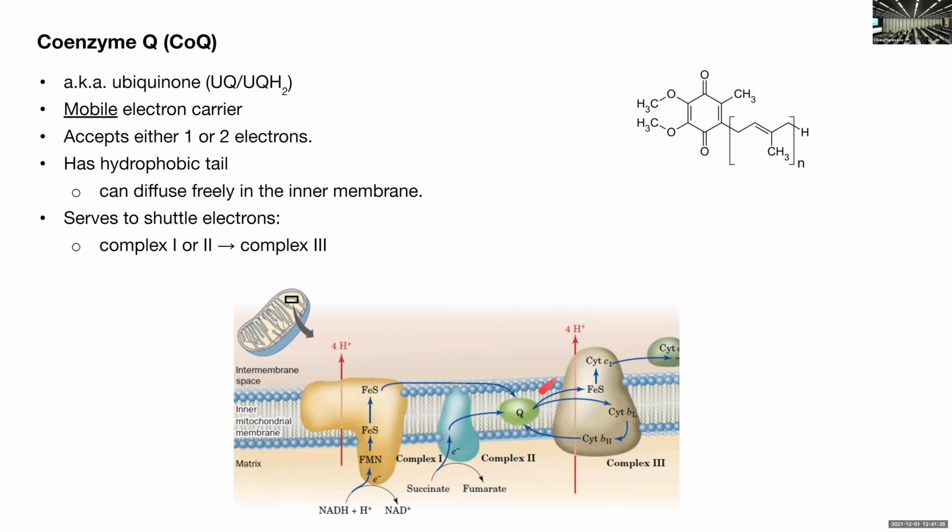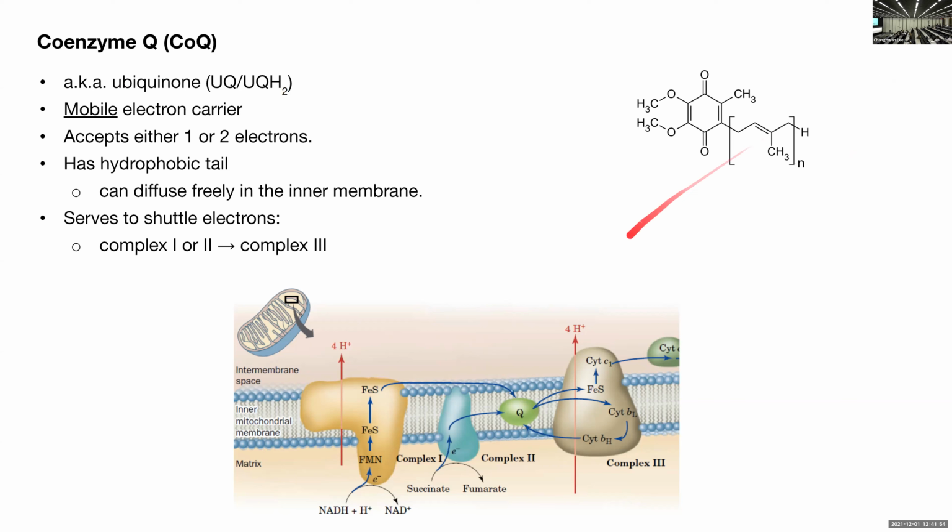Okay, so the next step is coenzyme Q. Again, it's also called ubiquinone, or UQ, or UQH2 when it's reduced. It's a mobile electron carrier, accepts either 1 or 2 electrons, and it has a hydrophobic tail. Its structure is a pretty simple molecule, where it has a phenyl ring, as you can see here, and then a long hydrocarbon chain, which serves as a tail.